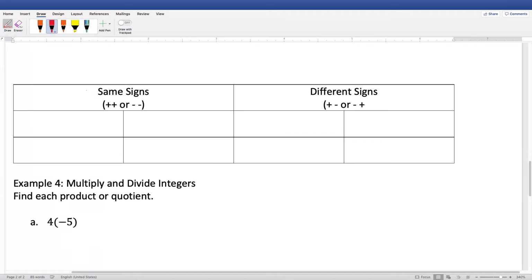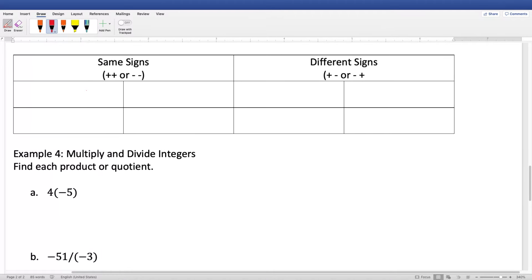Now we're going to talk about signs when we're talking about multiplication. If I take a positive number times a positive number, I get a positive answer. So if I take 3 times 5, I get an answer of 15.